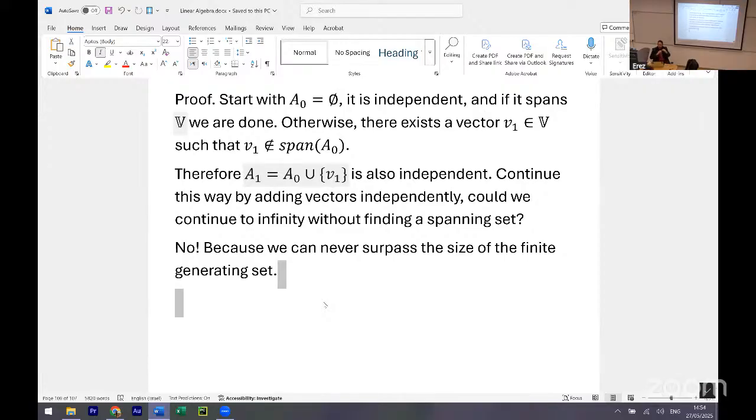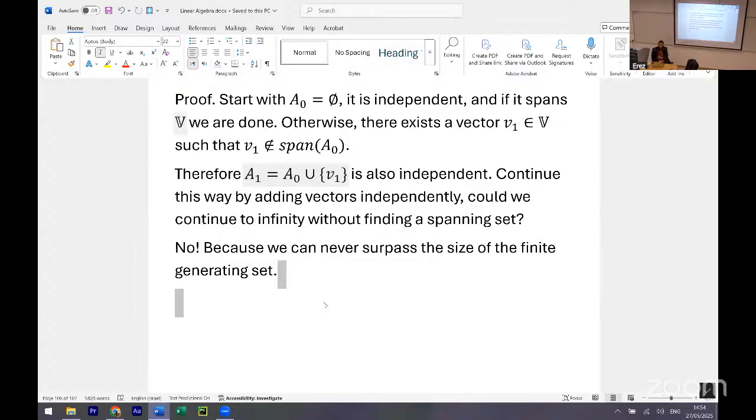You just add vectors, and you must be able to stop. You must stop sometime, and the only reason that will stop you is that you span everything. Because if you didn't span everything, you can add another vector and continue to grow. But there is a cap. There is a bound on how many times you can do it, because it's finitely generated.